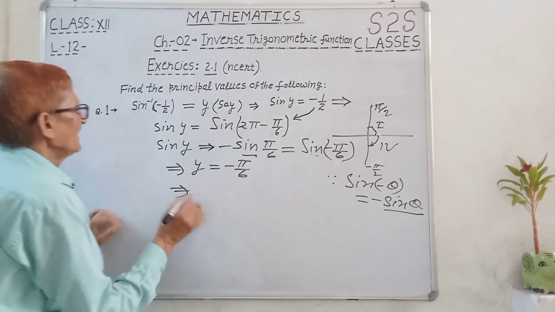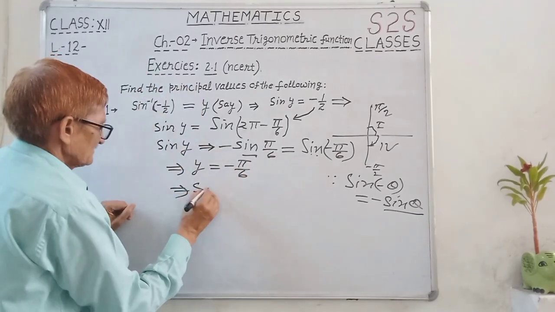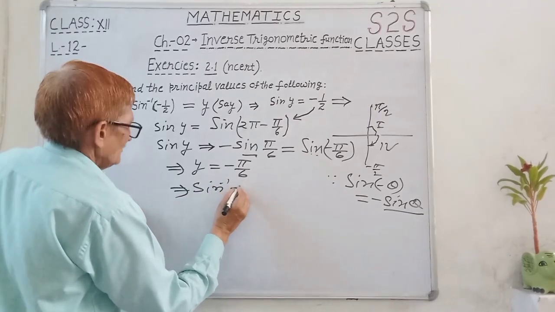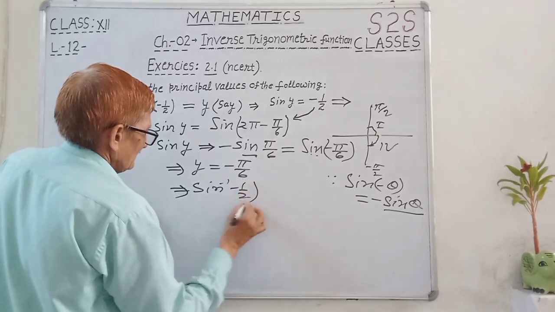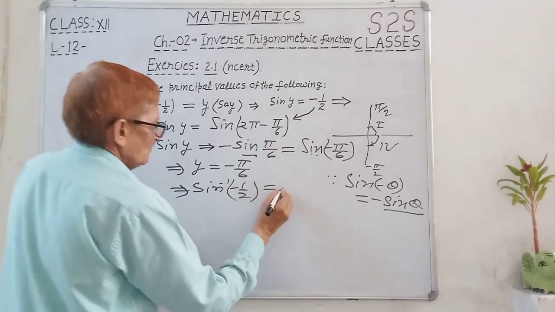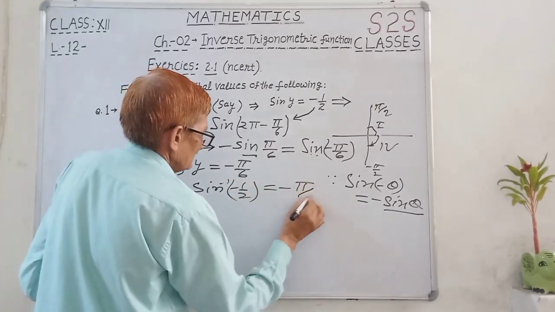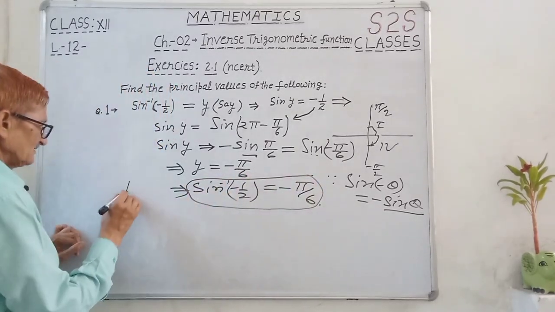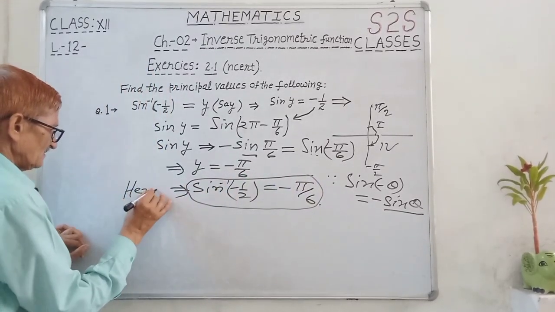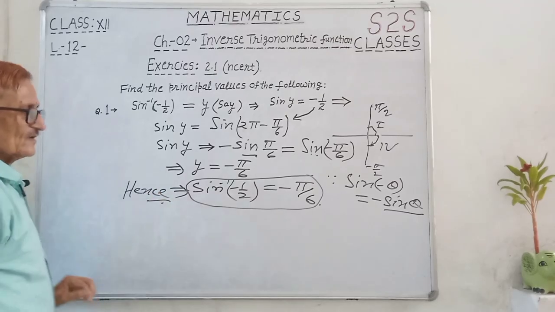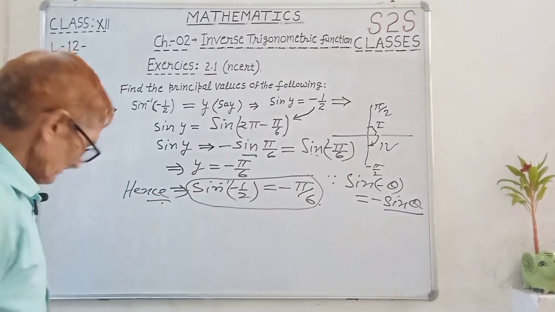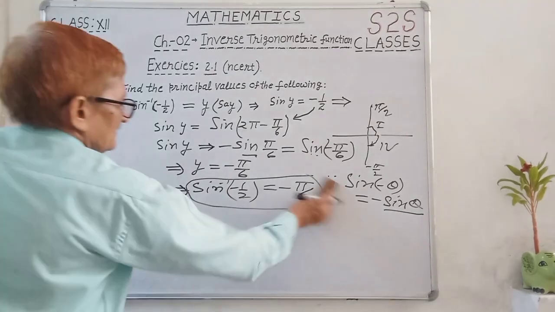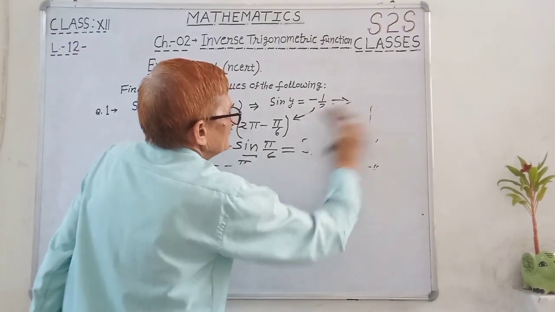So this implies sine inverse minus half is equal to minus pi by 6. Hence, this is the answer. Now next, second question.